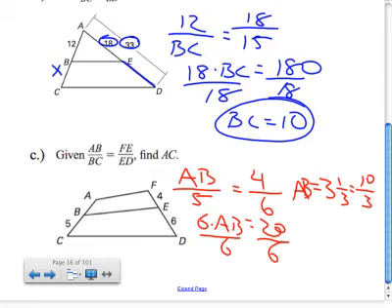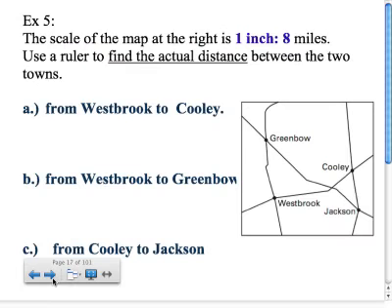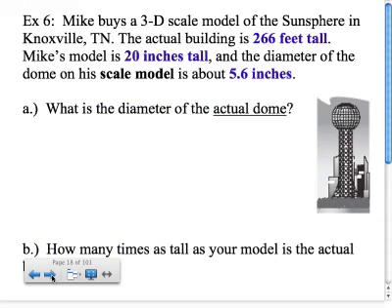The length of AC would be 5 plus that, which is 8 1/3, 8.33 repeating. So again, this is how we're using simple proportions to solve geometric problems.